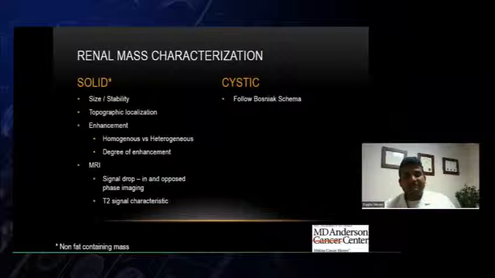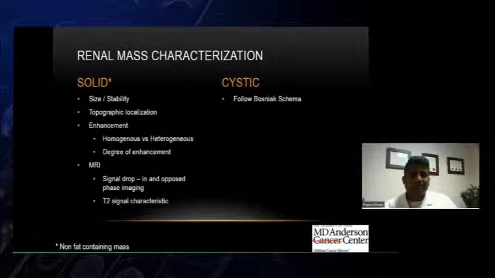If it is a fat-containing mass, for all practical purposes, no matter what you read in the literature about fat-containing renal cell carcinoma, if it has macroscopic fat, it is an angiomyolipoma and it is benign. If you start calling it an indeterminate lesion that can be renal cell carcinoma, you're creating a lot of hassles for clinical practice and for the patients. So if you have fat, then it is angiomyolipoma.